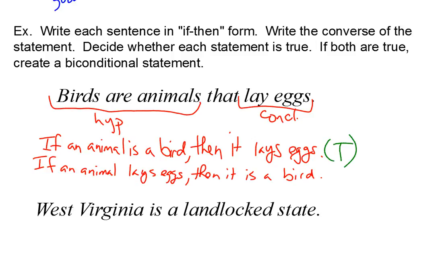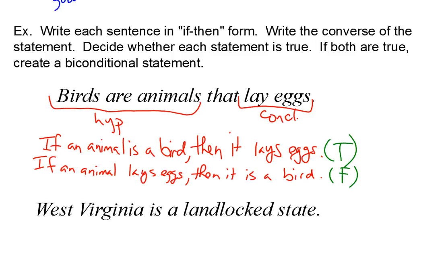Every bird that I know of lays eggs, right? And remember, for a statement to be true, it always has to be true. Okay? Now, the second part, if an animal lays eggs, then it is a bird. Is that true? Well, no, that's false. And again, for a statement to be false, it only takes one case for it to not come true.